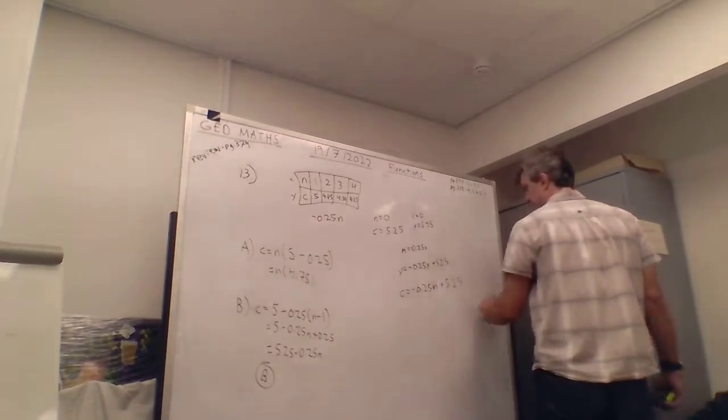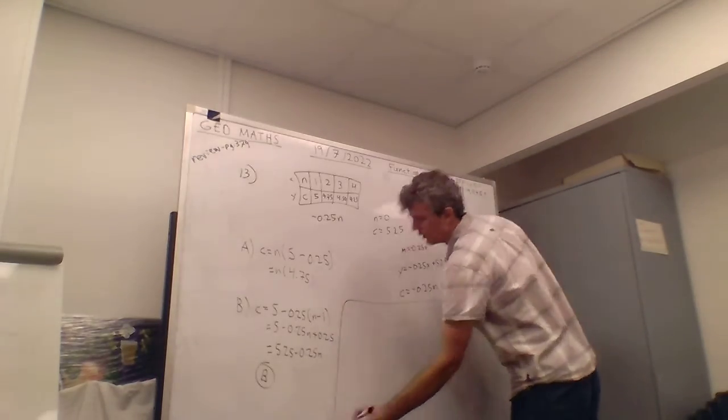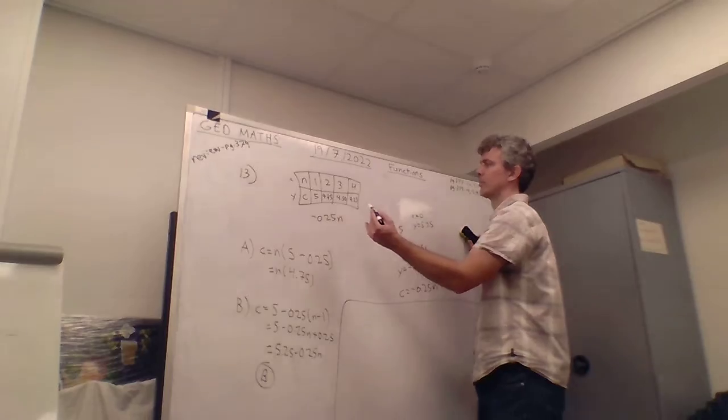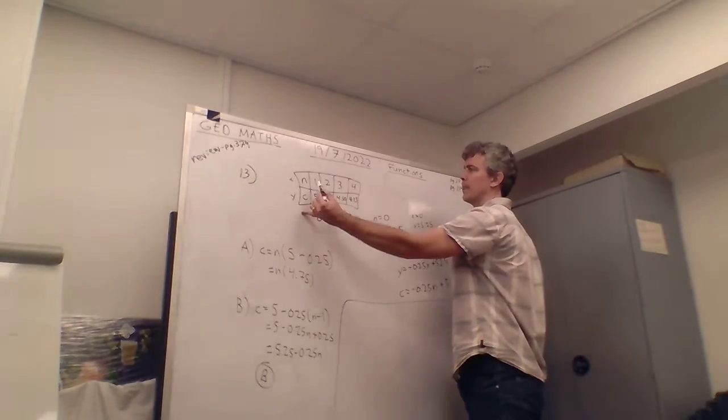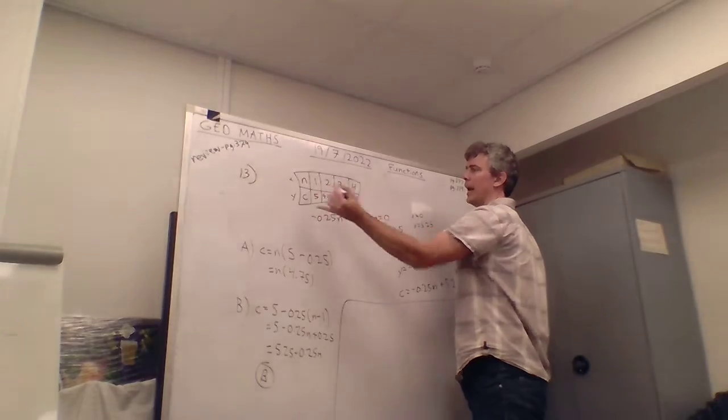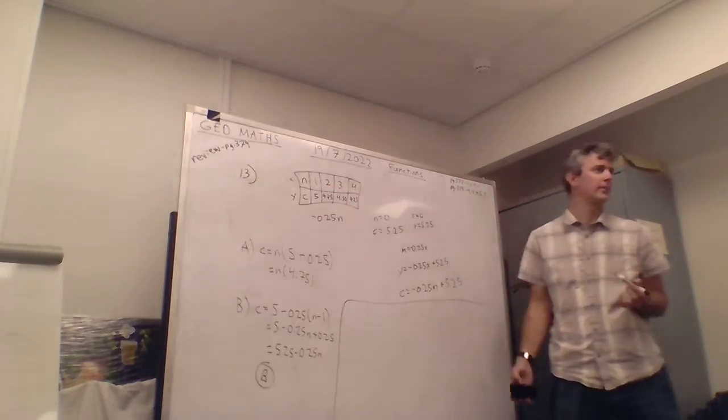Alright. The second way to do it is we're looking at the pattern, right? So this is 5 for when n is 1, right?